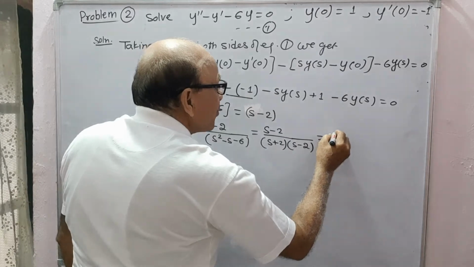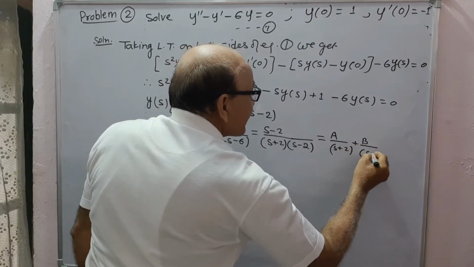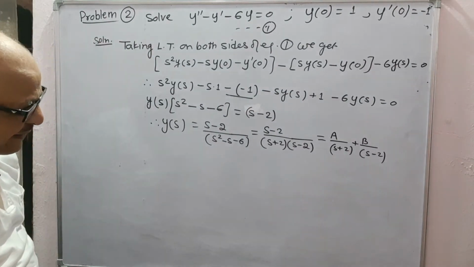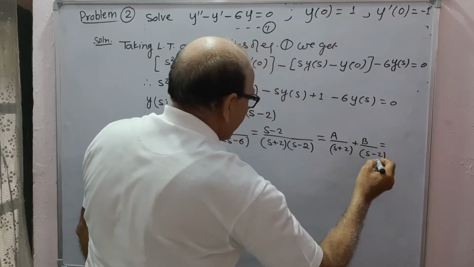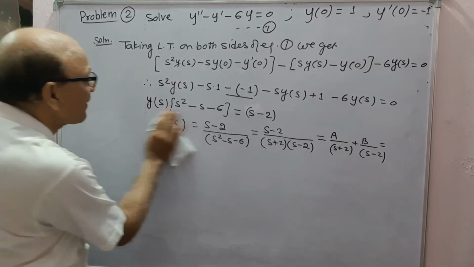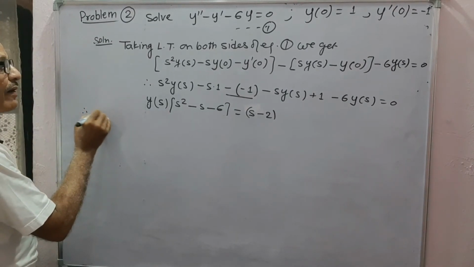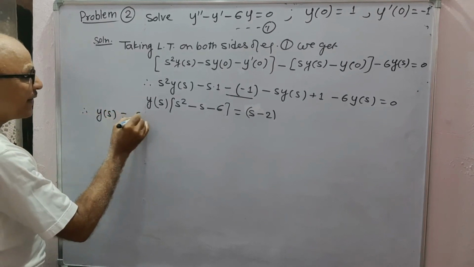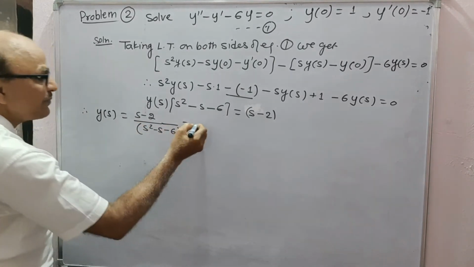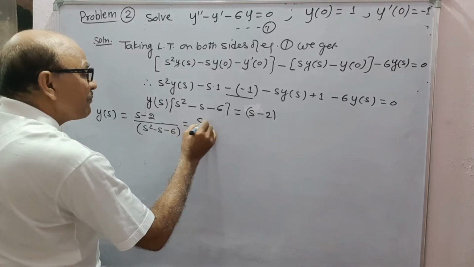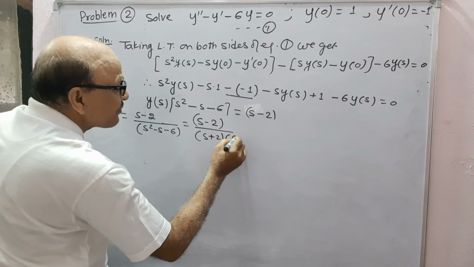Therefore, y s will be equal to s minus 2 divided by s square minus s minus 6, which can be factorized as s plus 2 and s minus 3.